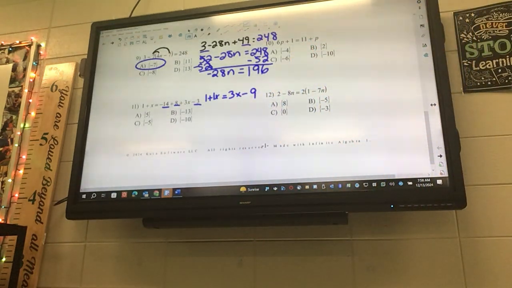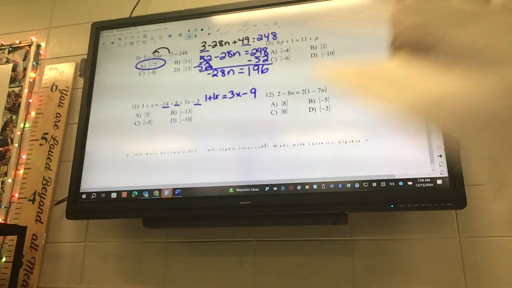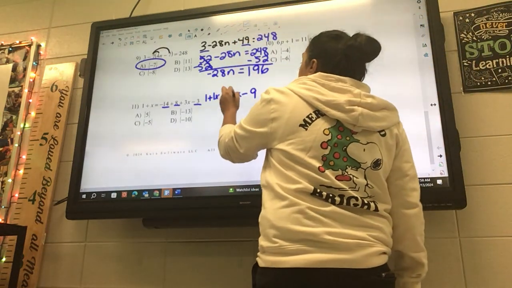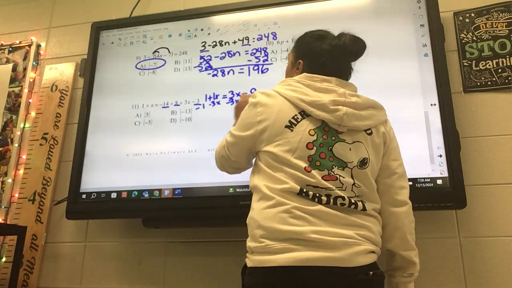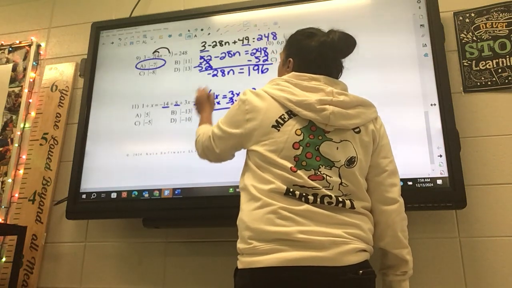Okay, and then what do we have to do? Yep, so essentially we need to move our letters to the left and the numbers to the right. So we're going to say minus 3x on both sides and a minus 1 on both sides.